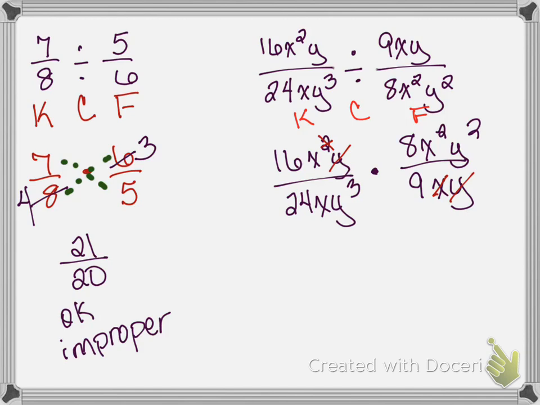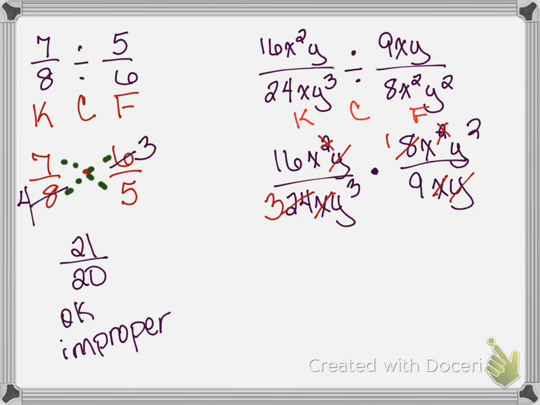Okay? Now, what number goes into 8 and 24? 8. 8 goes into 8 one time. 8 goes into 24 3 times. I have x squared on the top and x on the bottom. So this x goes away. What does that x squared become? Good.